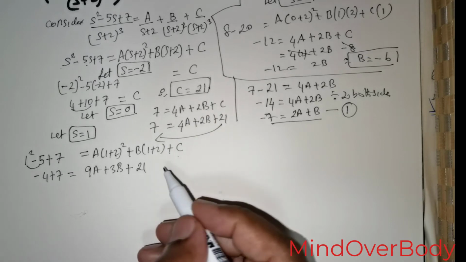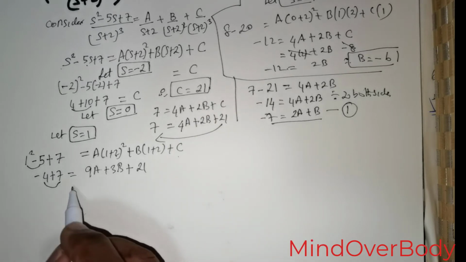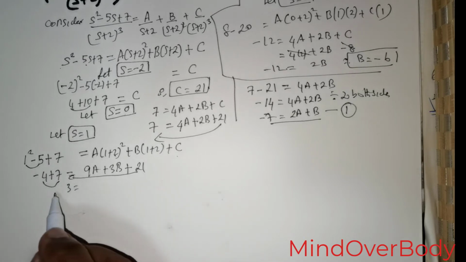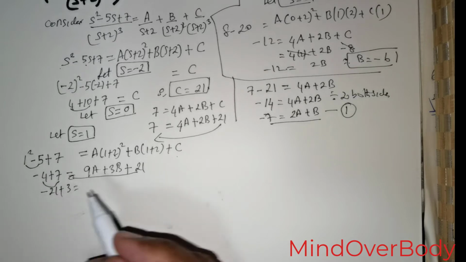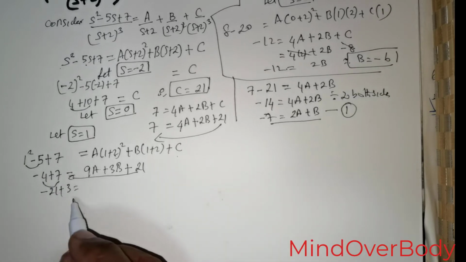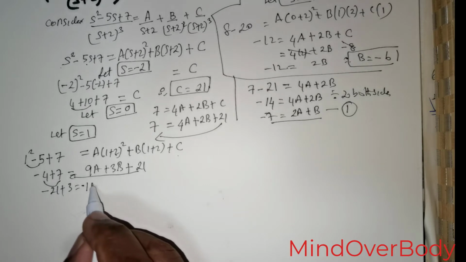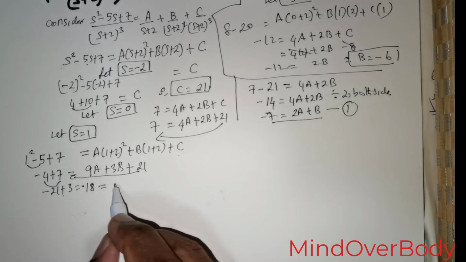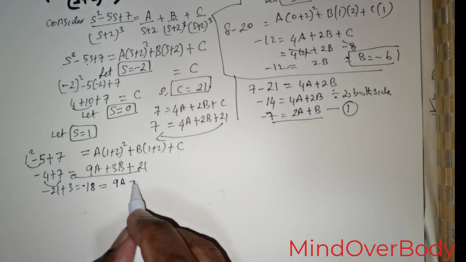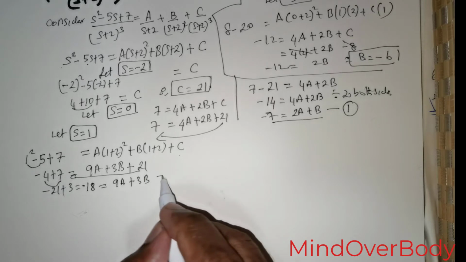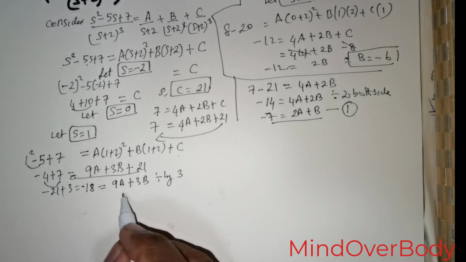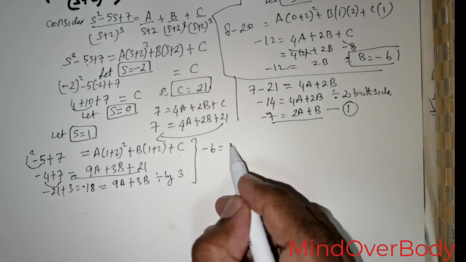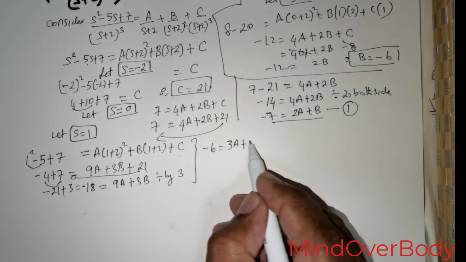So substitute the value 21. Now this is going to give me 3, and I can bring this 21 to this side, so it's going to be negative 21. So that in turn would give me negative 18, and on the right hand side I have 9A positive 3B. If I were to divide by 3 both sides, this is going to give me negative 6 is equal to 3 times A positive B.